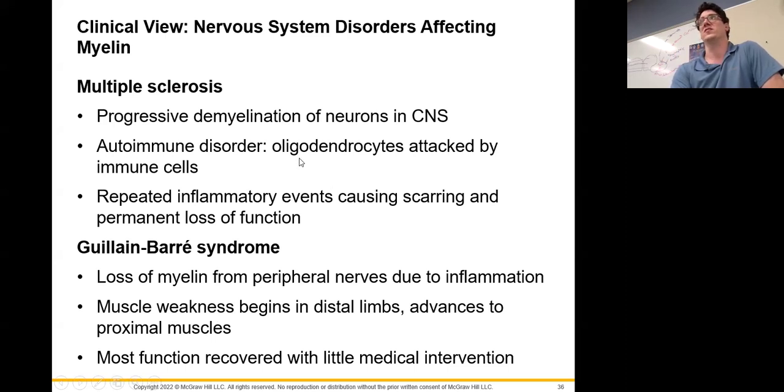Basically, it means these oligodendrocytes get attacked by your immune cells, so you don't have oligodendrocytes anymore, which means you don't have myelination in your central nervous system, which means we vastly slow down the rate at which we're able to send nervous signals through the brain, okay? Which can really inhibit our ability to do any sort of peripheral motor function just simply because we can't get those signals out in the right order and stuff like that. So things can get a little bit wonky for those people. As far as moving and stuff like that, you tend to run into some issues.